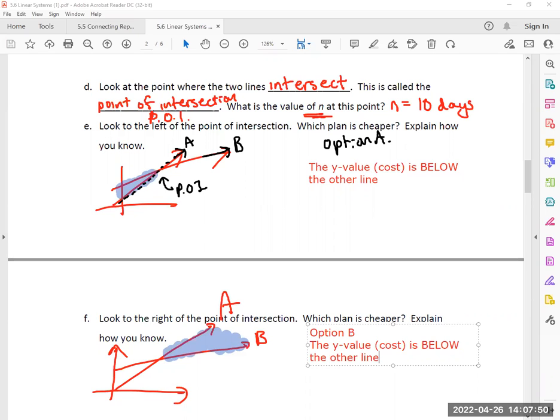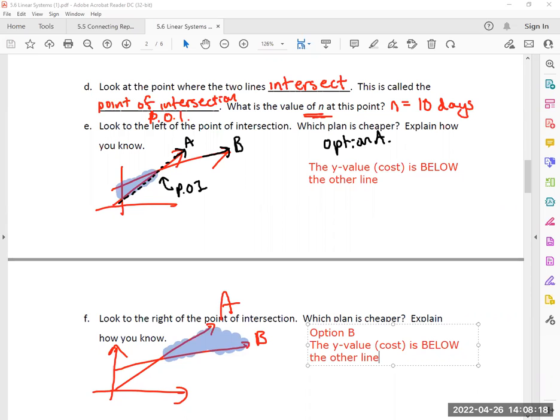What is the meaning behind the point of intersection? There's no better value on both sides. They're equal, right? So the graph, big whoop, it's a graph. What you pull out of it is just as important, if not more important.